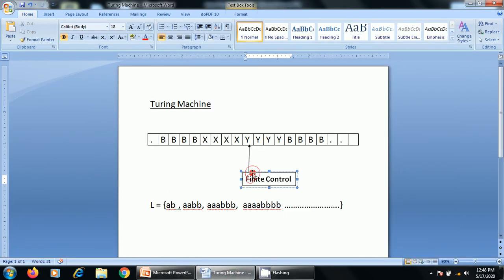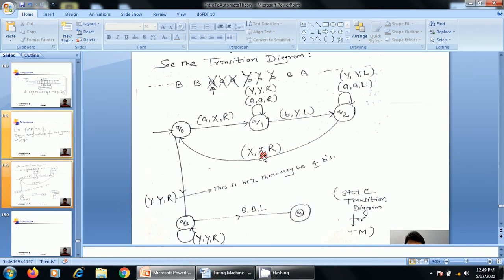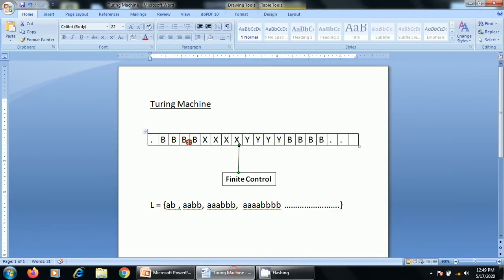Now if there is an X, then keep it X and move right. Now it is very sure that we are just behind the next A, if there is an A remaining. Otherwise the machine will understand that all input is finished.